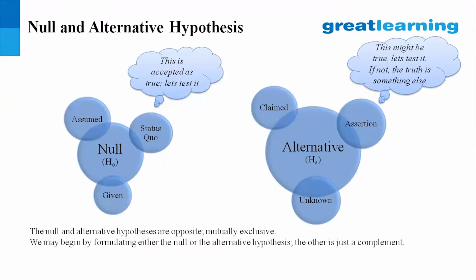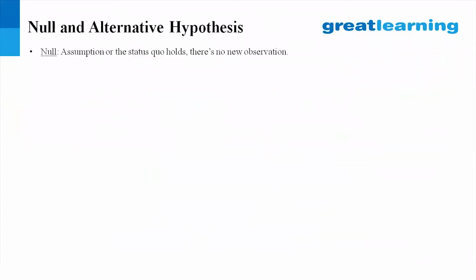So you cannot just put anything random as the null hypothesis and the opposite as the alternative hypothesis. You need to be careful in what you put in the null hypothesis and what you put in the alternative hypothesis. Depending on the problem that is given to you, you start off by formulating either of these two. So this is just reiterating all the stuff that we discussed so far.